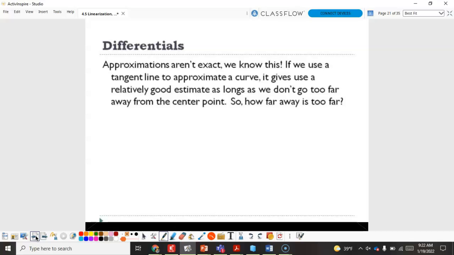It gives a relatively good estimate as long as we don't go too far away from the center point. So you asked yesterday, why did I pick 121? Why did I pick 125? That's because those values are close to the center point, the point we are approximating. So if we had a calculator, we would just be able to type this in. Correct.